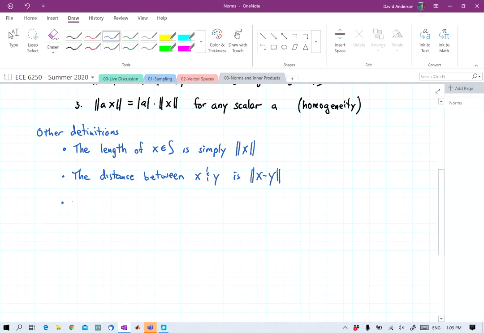And importantly here, a linear vector space equipped with a norm, when I see something like that, I think of these free video games that you can buy that have in-app purchases, so you can get a free vector space.